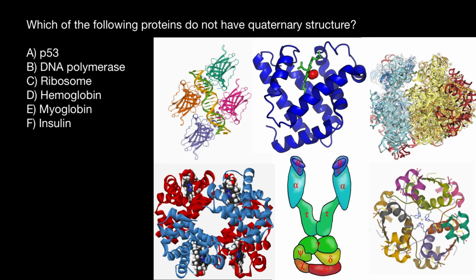You don't have to know all of them, you just have to know those that are used in textbooks as model proteins, just like model organisms we use in biology, for example, laboratory mice. So for all these proteins you just have to know their function, their structure, and you have to be able to recognize them. For example, answer A, P53 protein.